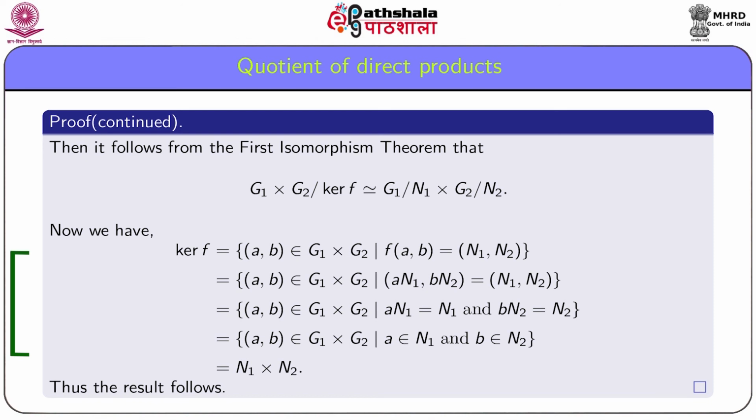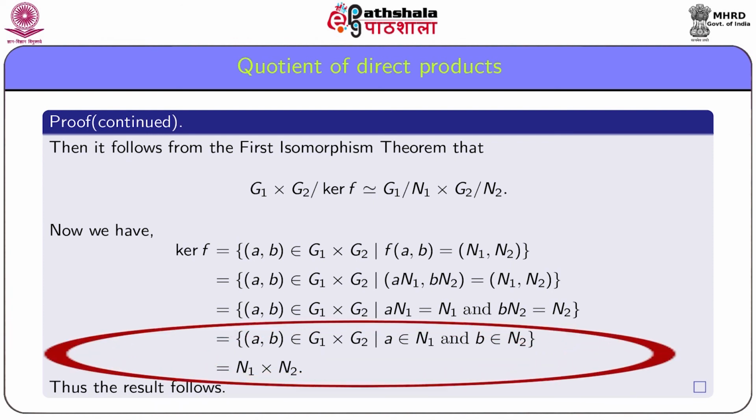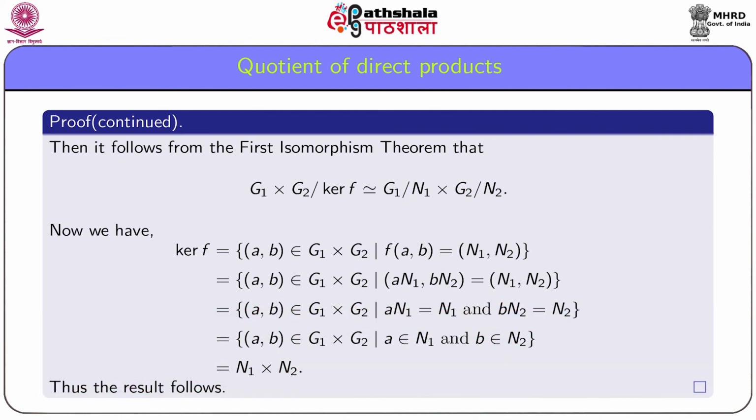Since every kernel of some homomorphism is a normal subgroup, it follows that N1 cross N2 is also a normal subgroup of G1 cross G2, and we have G1 cross G2 by N1 cross N2 is isomorphic to G1 by N1 cross G2 by N2.